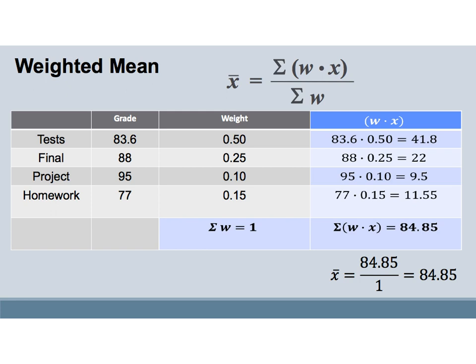Then I added up all the weights, all my percents, and got 1 because that was all of them, so it was 100%. Divide the 84.5 by 1, and this person's class average is 84.5. That is what's happening on the calculator here in a minute. You may have been shown how to do that before, but I'm going to show you how to do the same thing on the calculator instead of with the formula.